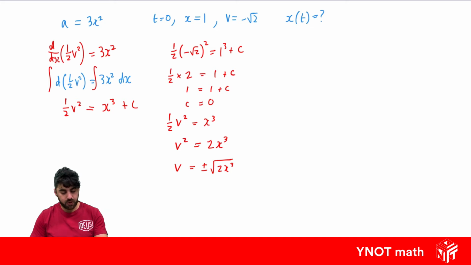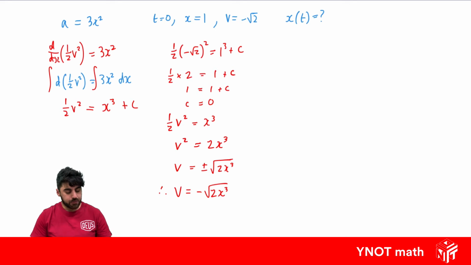We know when x equals 1, v is meant to be minus root 2. So if we sub 1 in here, we'll get 1 cubed, which is 1, and 2 times 1, which is 2. And we've got plus or minus root 2, but we know we need minus root 2, so we must need the negative case. So therefore v is going to be minus root 2x cubed.